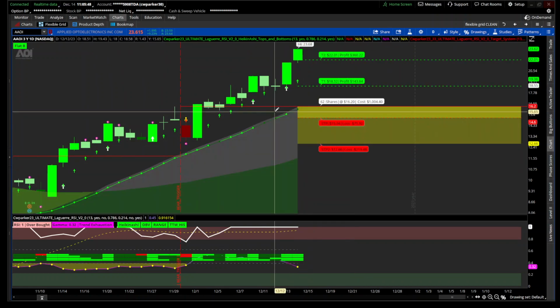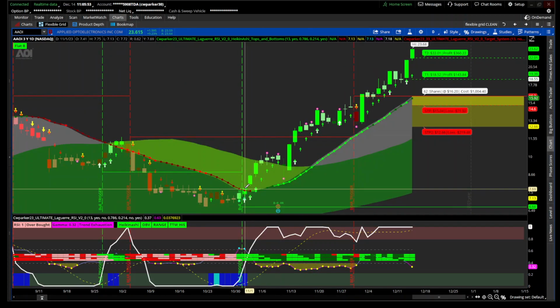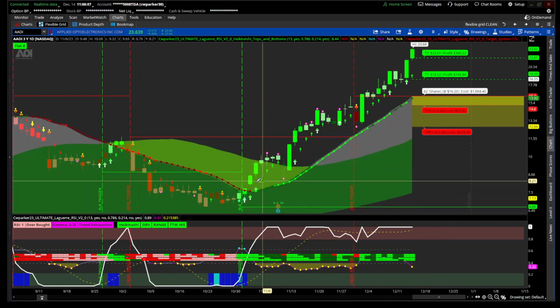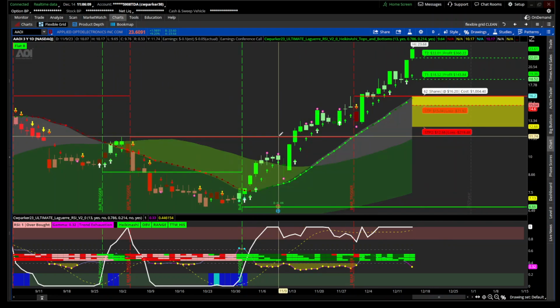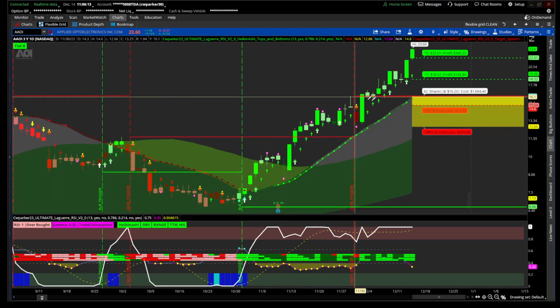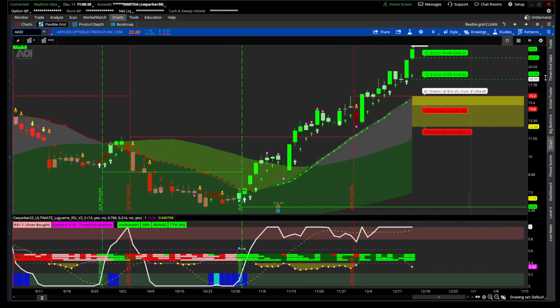But now this has changed from this, because you would have bought in right here, or gotten in on a break above this high, this candle right here, or possibly on this candle right here. So you would have got in right here, and the targeting system would have been right here until you broke above this resistance level. And once this resistance level was created, the targeting system adjusted itself for here. So that's pretty much how the targeting system works.